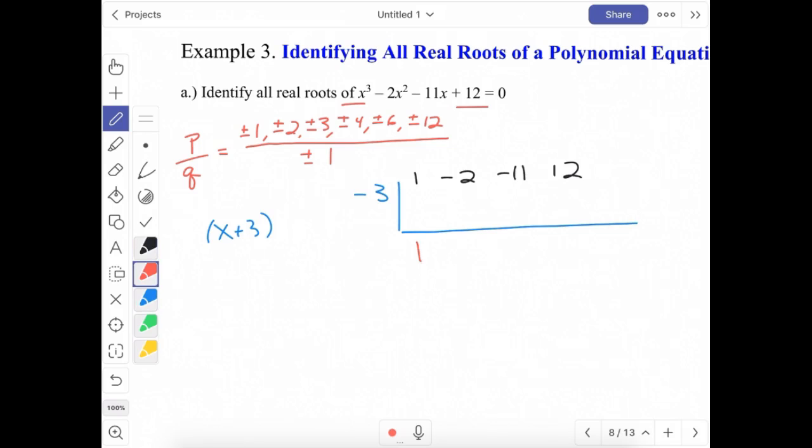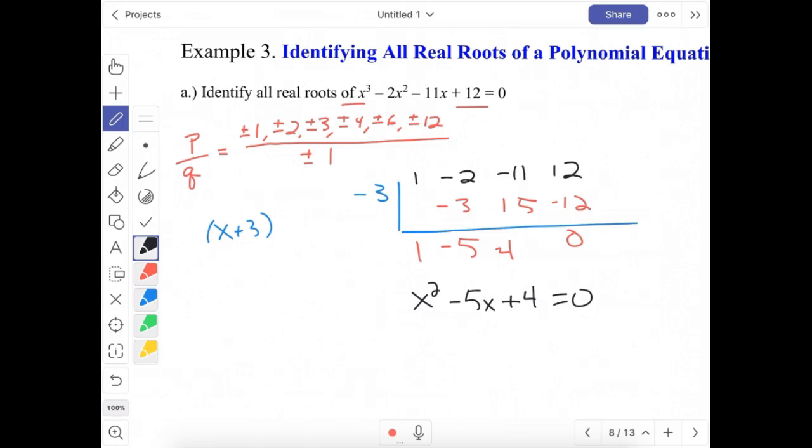Drop that down, we get 1 times negative 3, add those together, negative 5, multiply, positive 15, positive 4, times negative 3 is negative 12, and we get 0. So I have x plus 3 as a factor, and then this would turn into x squared minus 5x plus 4.